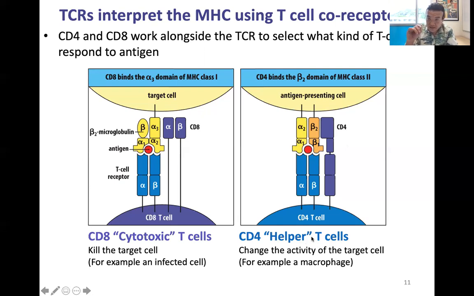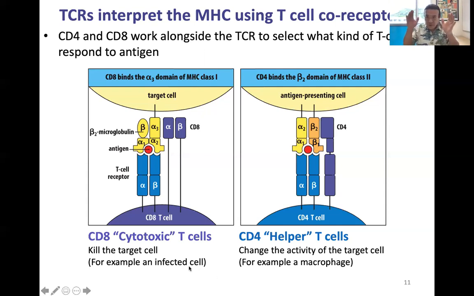This helper T cell, just like the other T cell or just like natural killer cells, is going to release cytokine messages for this antigen presenting cell to receive. But these won't be the pro-apoptosis, you better hurry up and kill yourself messages. These will be cytokine messages that encourage the antigen presenting cell to do something more, for example, to increase its activity, or perhaps differentiate and do something else entirely.